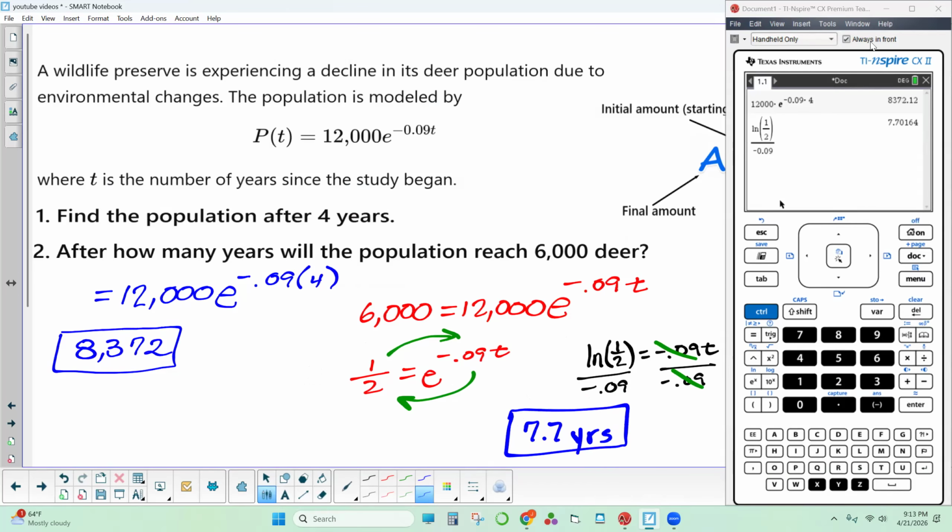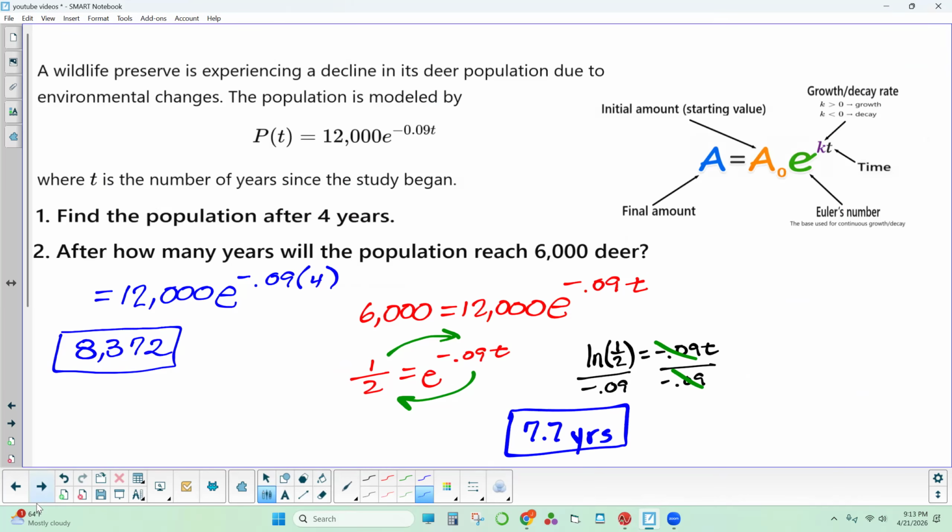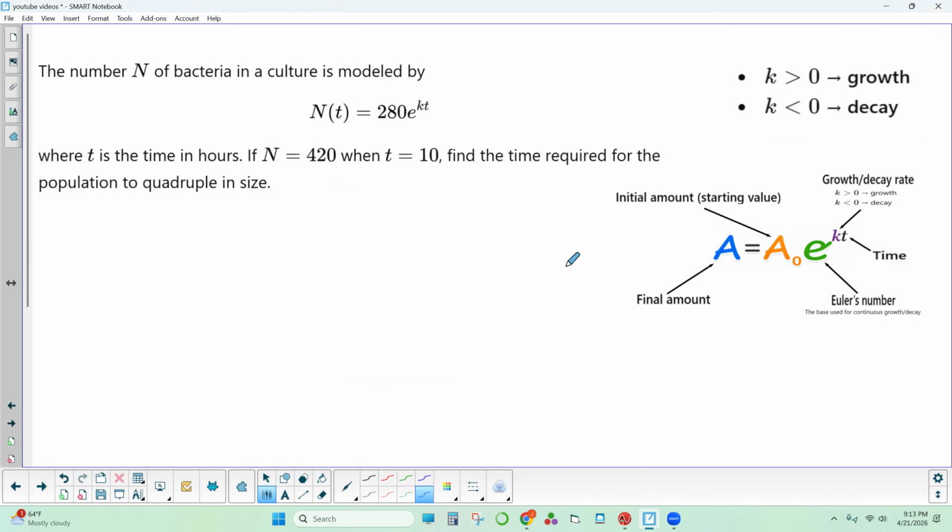All right. So let's look at the second problem. This one says the number n of bacteria in a culture is modeled by, we've got our model here, where t is the time in hours.